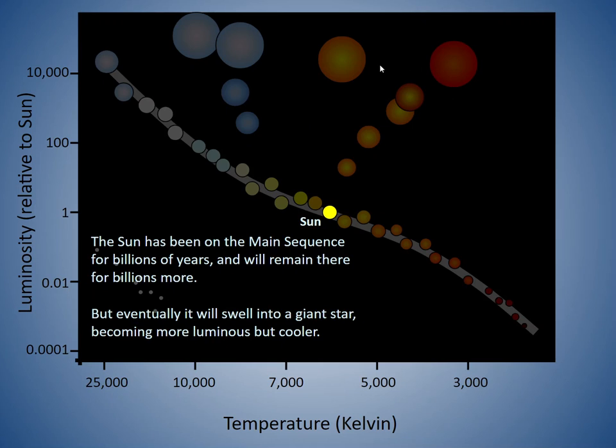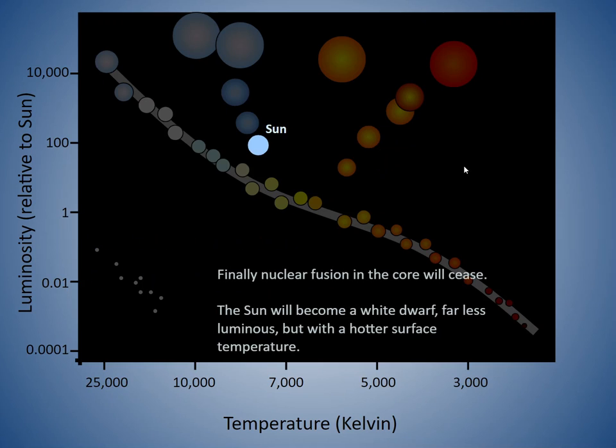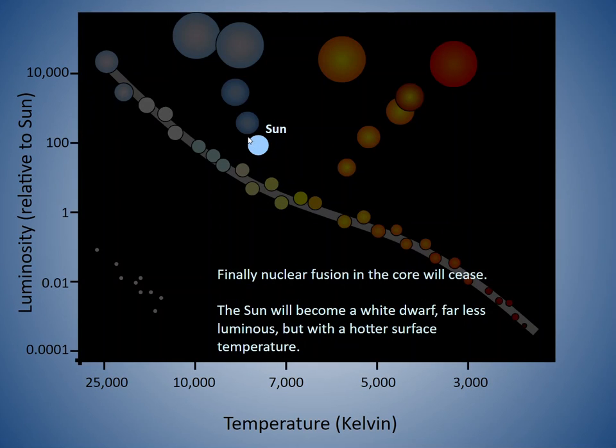And as you can probably guess, it's going to become a red giant. Then right before it dies, it's going to get incredibly hot and move over here and be called a blue giant for a moment. It's going to shed these outer layers and eventually end up over here as a white dwarf star, where it'll just be the leftover core of a star.